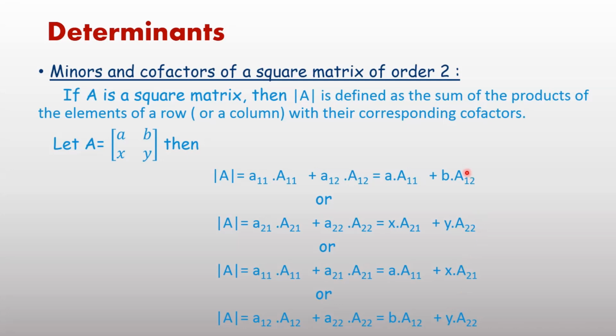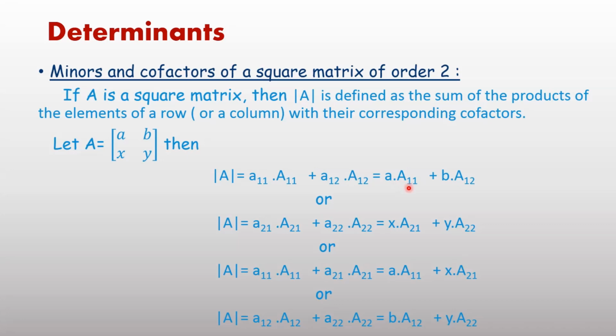In all four cases, the value of the determinant remains the same. It implies that using cofactors we can expand, or find the value of the determinant, along any row or any column.